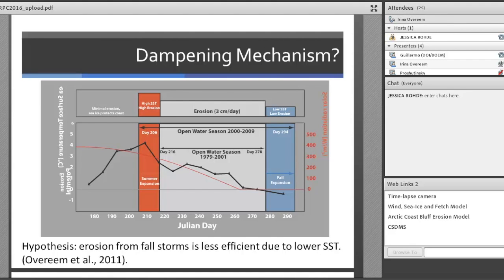But what we actually found with the modeling is that the expansion in the fall is not as efficient because the water is already really cold at that time of year. And so if there's less sea ice in November or so, and the waves can still attack the coast seriously, then still the erosional response in the sense of the bluffs melting is not as dramatic. So there's a little bit of dampening that we think is happening.